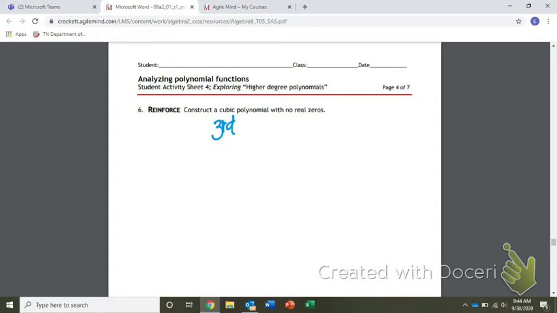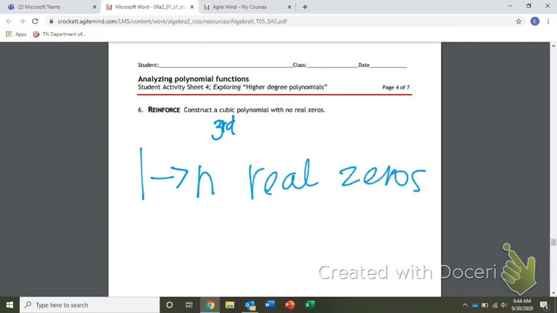Odd degree polynomials can only have 1 to n real zeros. So we can have 1 real zero, it can have 2 real zeros, or it can have 3 real zeros. But since it's an odd degree polynomial, it starts with 1 rather than 0. So, number 6, construct a cubic polynomial with no real zeros.